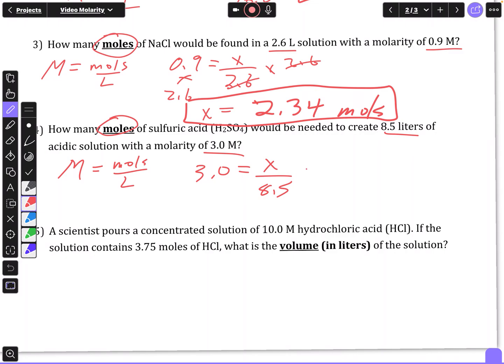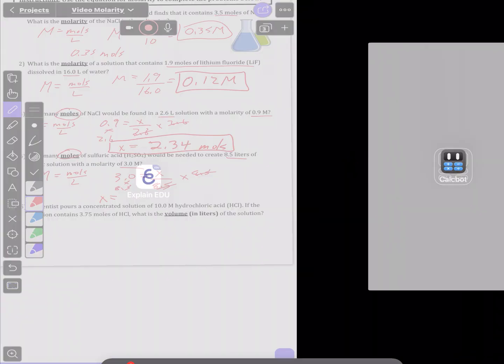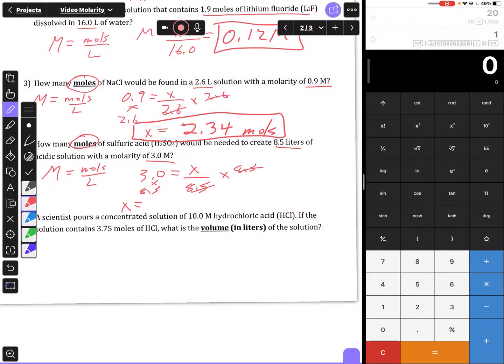To solve for X, I need to multiply both sides by 8.5. So that would be 3.0 times 8.5, and that's 25.5. And my units would be moles.